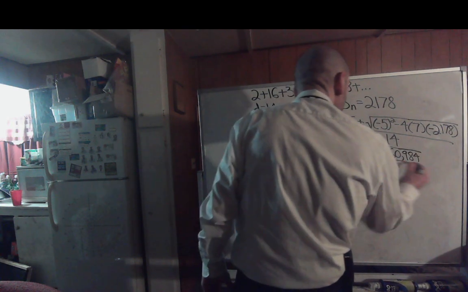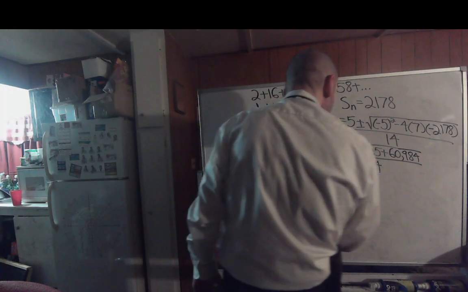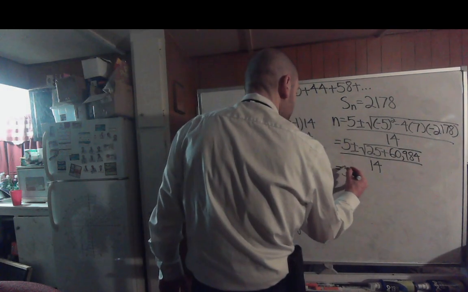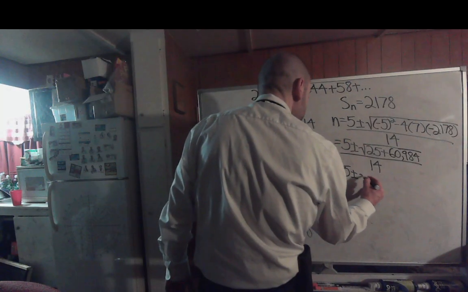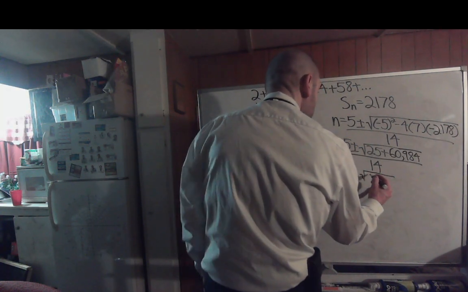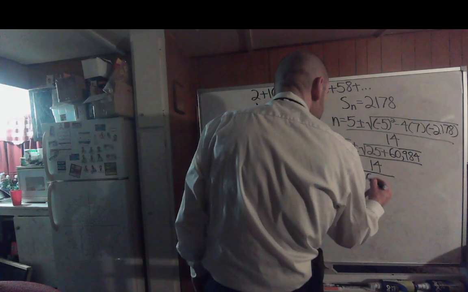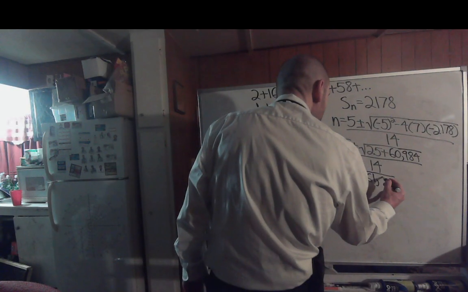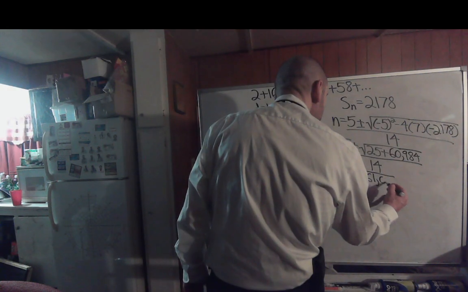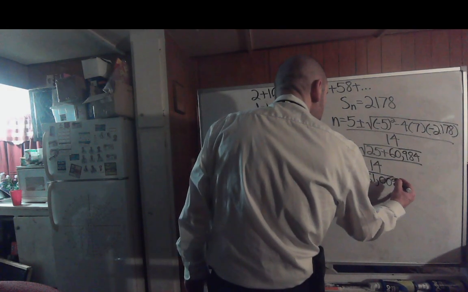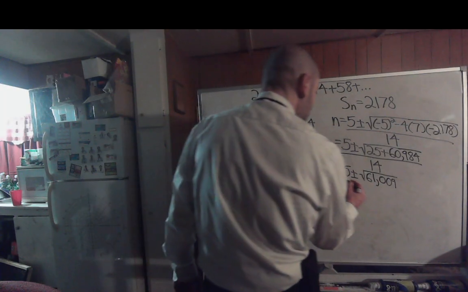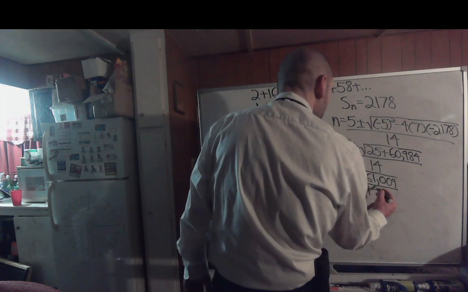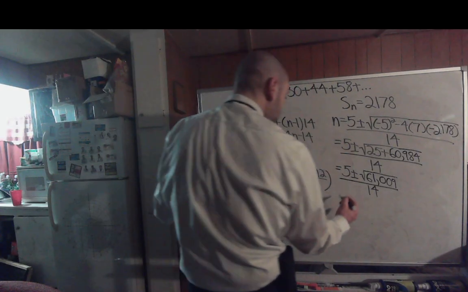All over 14, which is going to equal 5 plus and minus the square root of 61,009. So this would be the square root of 61,009 then, all that all over 14.